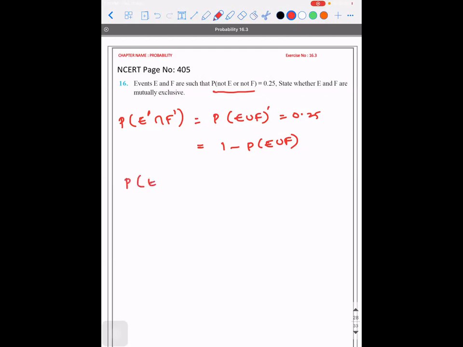Intersection F should be 0, should be null set. But what is P of E intersection F? Okay, let's do it like this. What is P of E union F? P of E 0.75 plus P of F minus P of E intersection F.